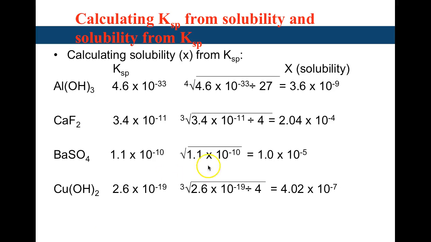So it will work out to look like this: divide by 27, take the fourth root; here divide by 4, take the cube root; the same thing over here, divide by 4, take the cube root; and here just the square root. All right, so that gives you the solubility numbers once you have the Ksp values.